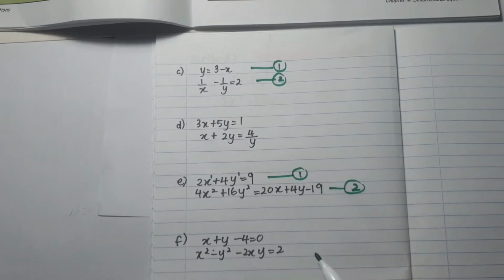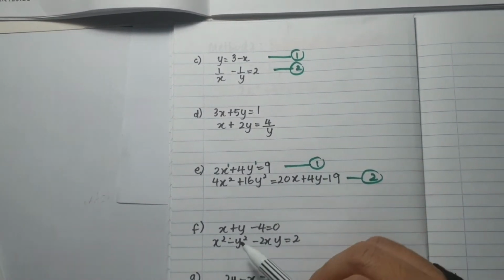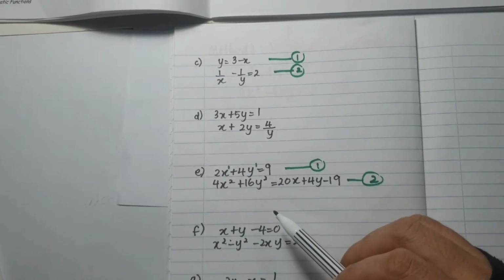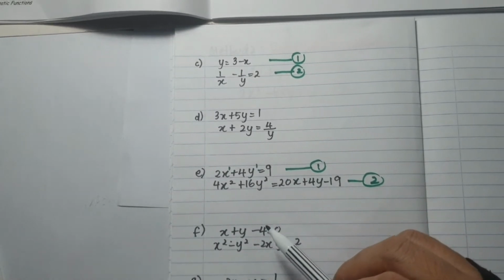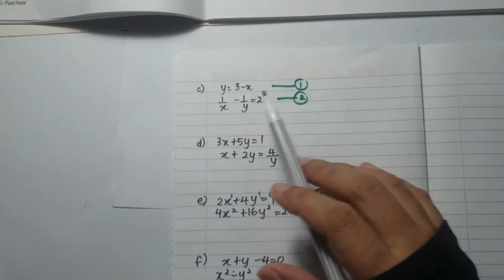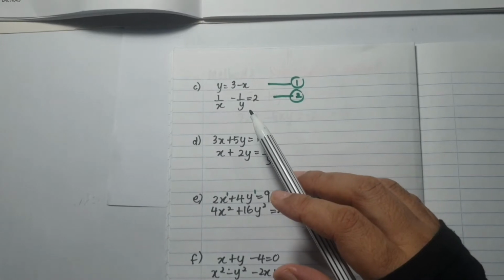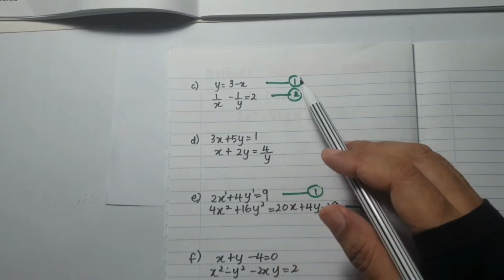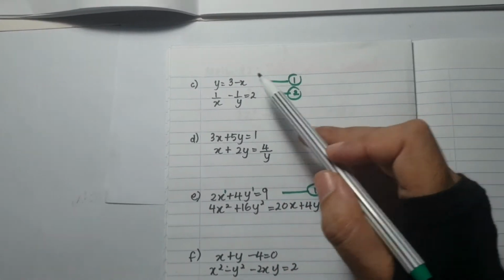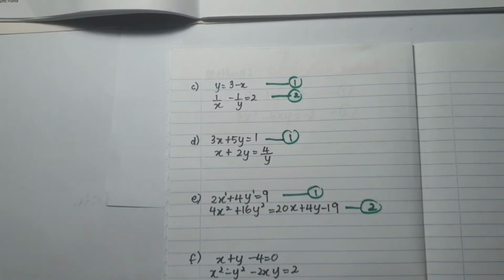Alright, so let's see how to solve by using the substitution method. The first step, let's look at these examples. For the given simultaneous equations, first identify the linear equation. Done. So this one is the linear equation.